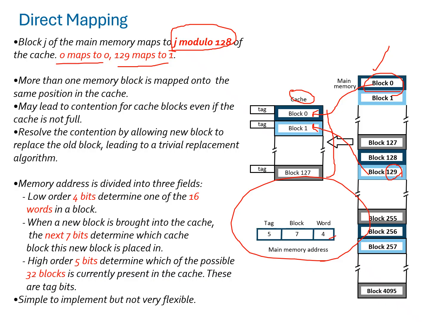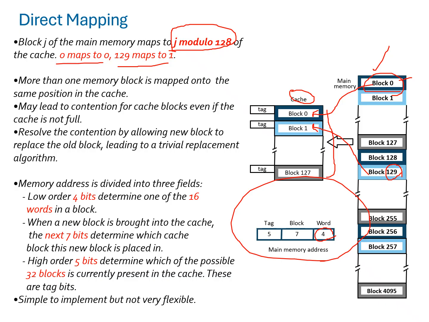Each block has 2 power 4, that is 16 words. Which word you want to access is represented by the word field. The lower 4 bits determine the word among the 16 words in a block.